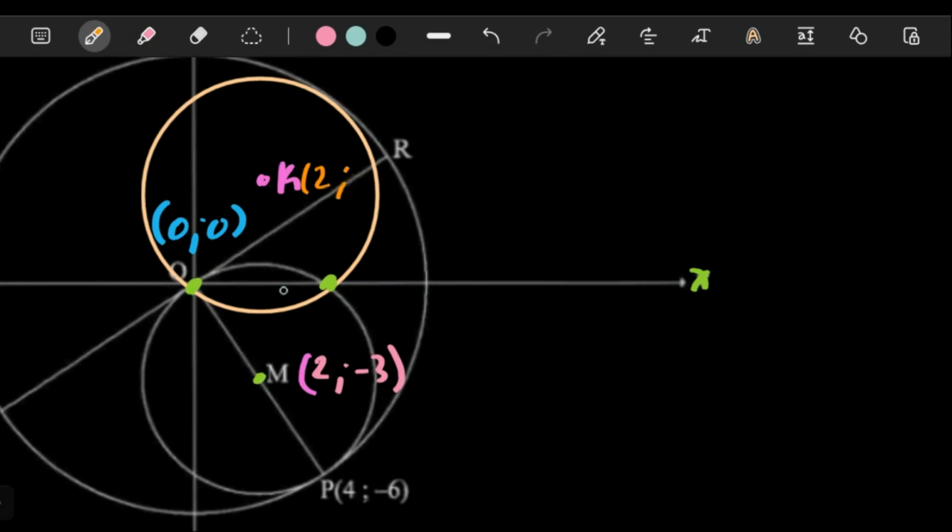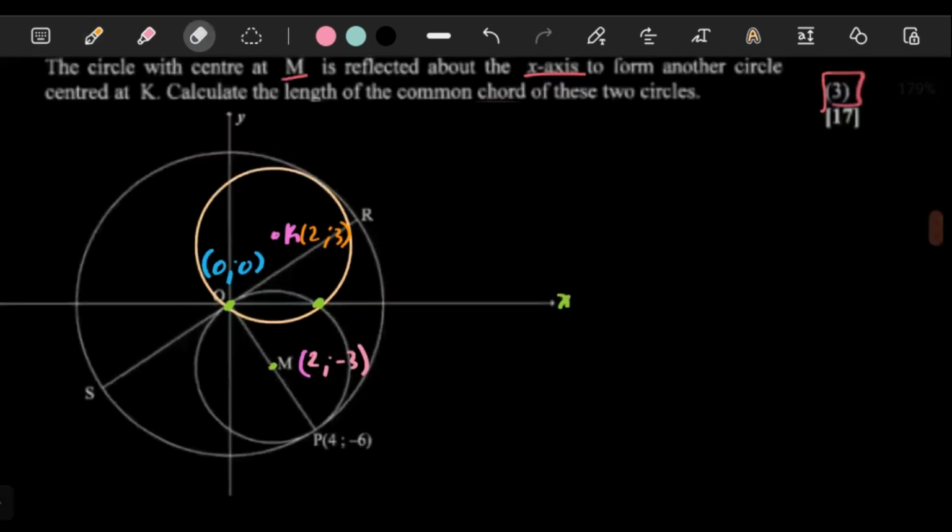Now from the x-axis, this was 3 units downwards, so from the x-axis, this is going to be 3 units upwards, meaning a positive 3. That's how we are going to do this, because these are just reflections of each other. So we have the point K.